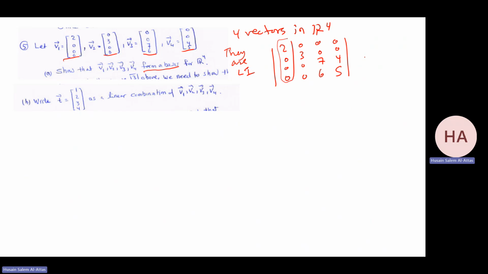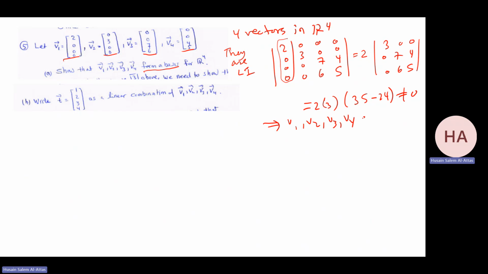I'm getting what? 2 times the remaining, which gives me 2 times 3 times 35 minus 24. It's very clear it's not equal to 0. So that means V1, V2, V3, V4 are linearly independent.